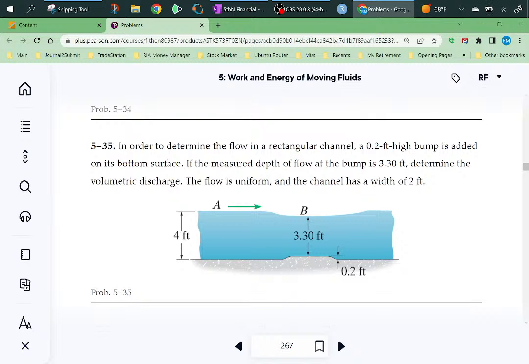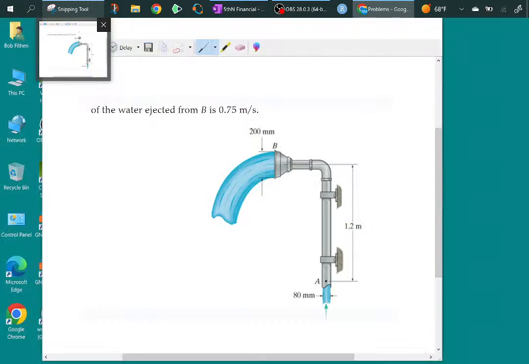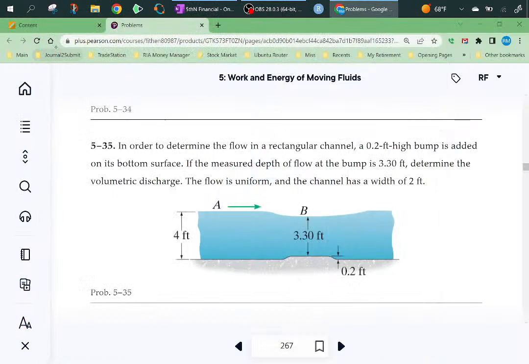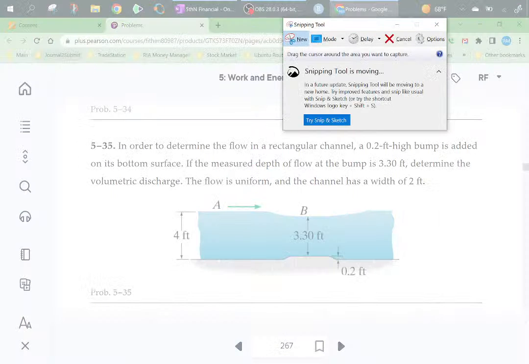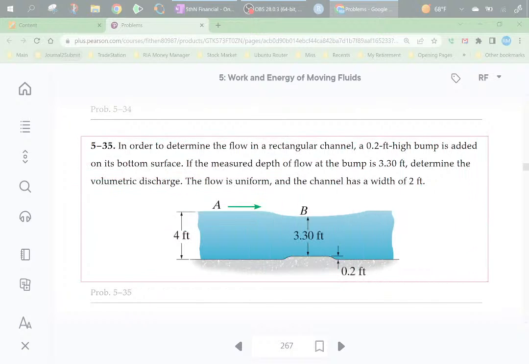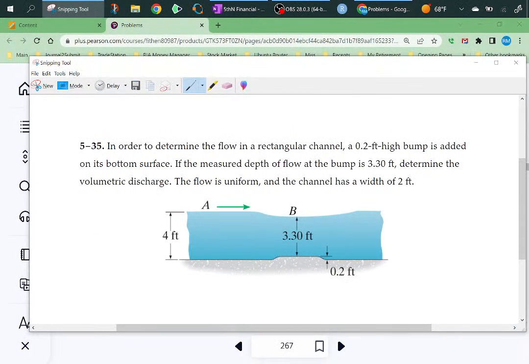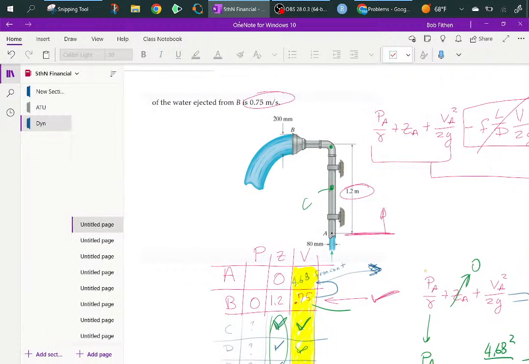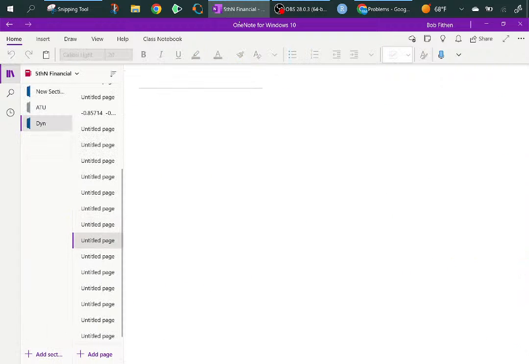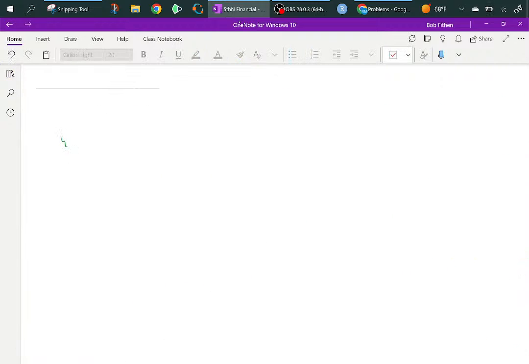If the measured depth of the flow at the bump is 3.3, determine the volumetric discharge. We should be able to do that one. I don't know if we can complete it by the end of this period. We'll finish it next time.